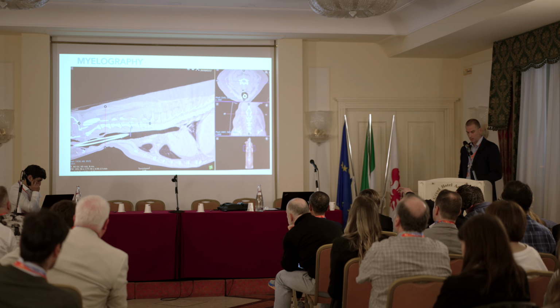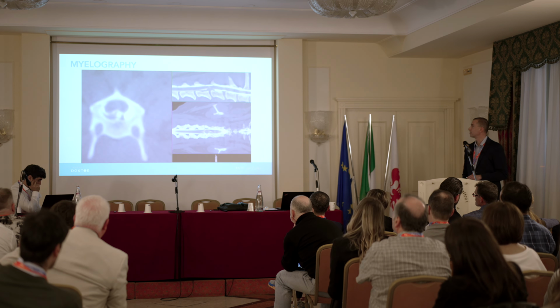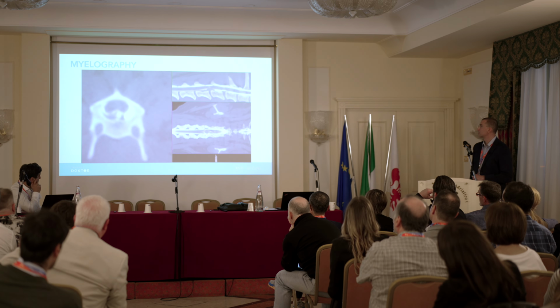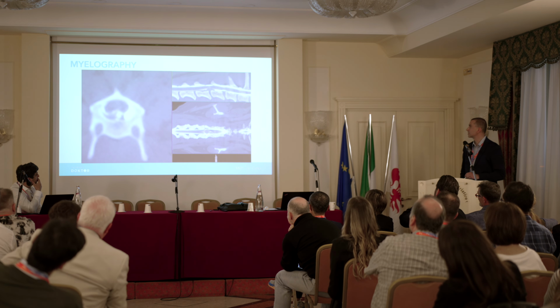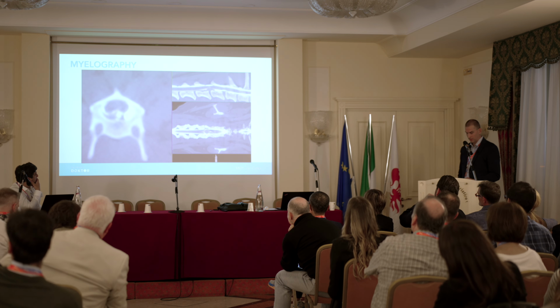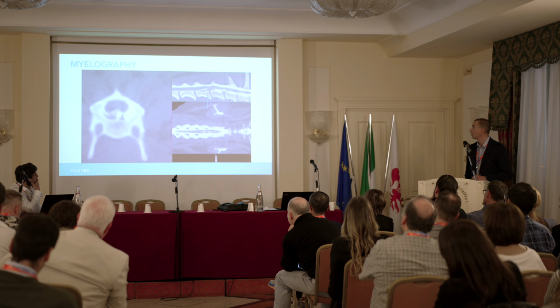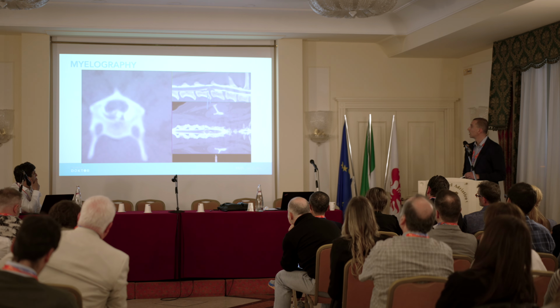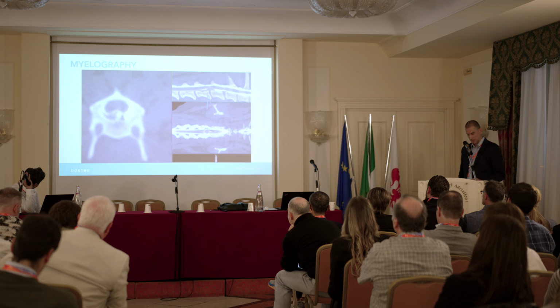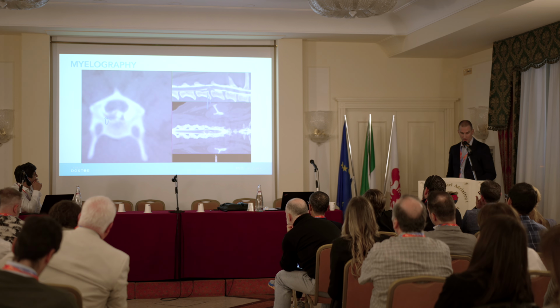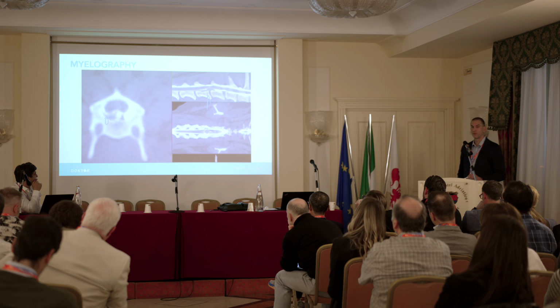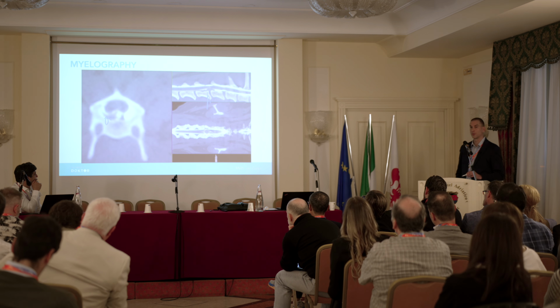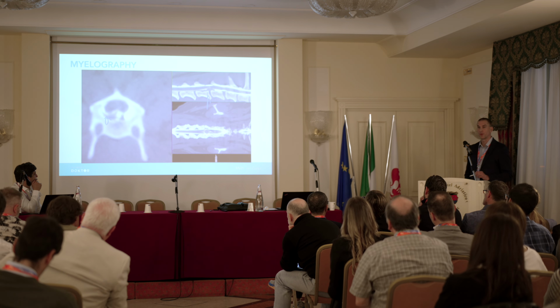So we performed myelo, and something changed. So you can see on this picture there is a huge ventral compression. It's C5, C6, and you can see it's a little bit more on the right side, but for those cases where the ventral compression is, we usually perform ventral slots.